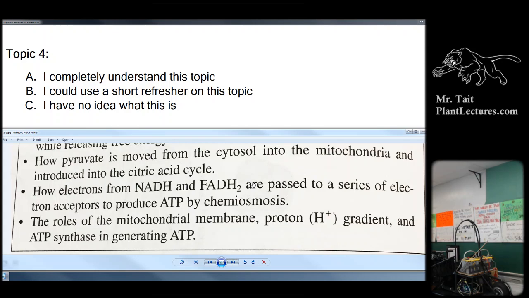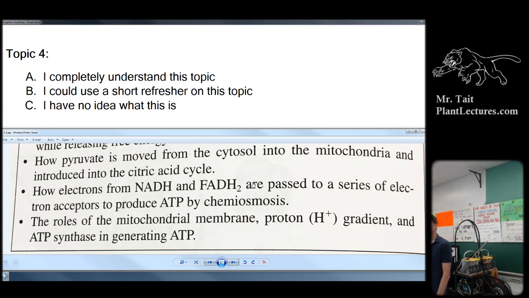The citric acid cycle, or the Krebs cycle, is sometimes called the citric acid cycle because the very first molecule that's produced is citrate, and when citrate mixes with water, it becomes citric acid. In biology, or all sciences, after a certain amount of time of naming something using a person's name, so Krebs, Hans Krebs was the guy that discovered the Krebs cycle and really came up with most of the stuff in it.